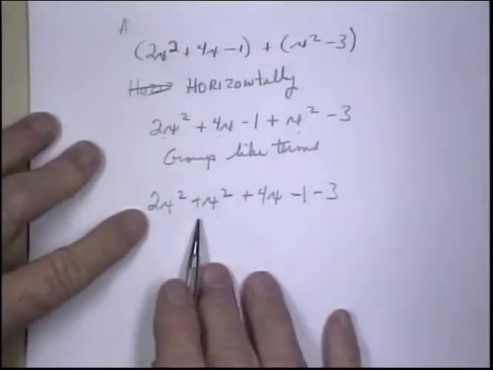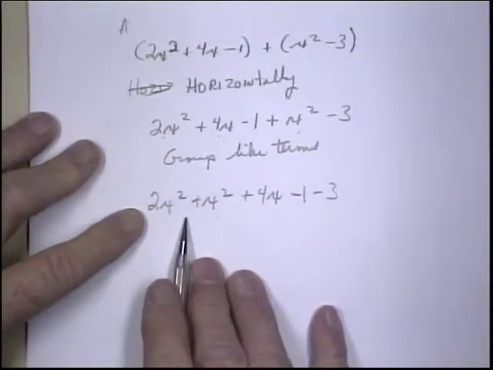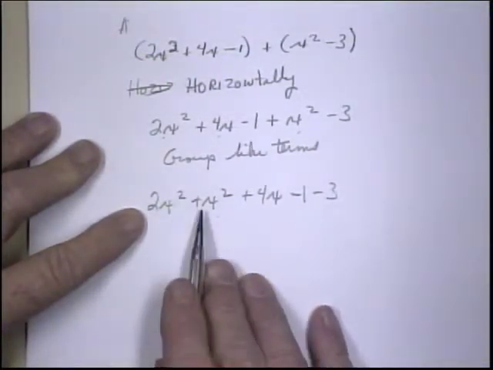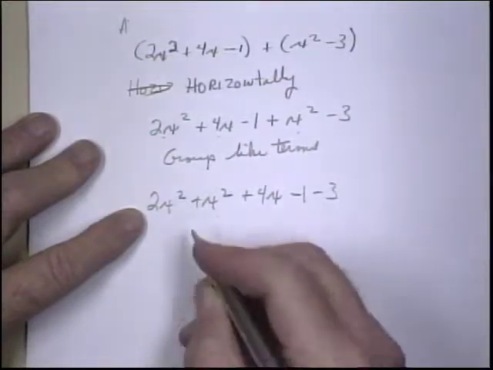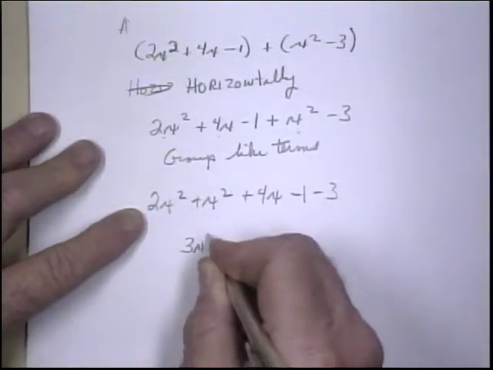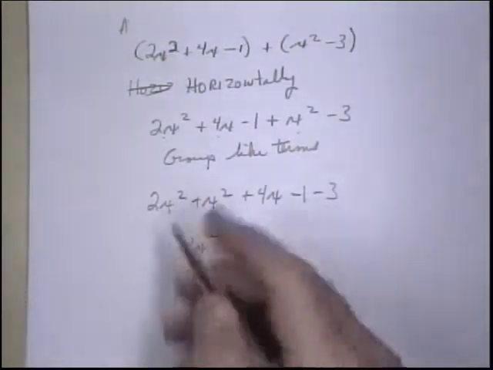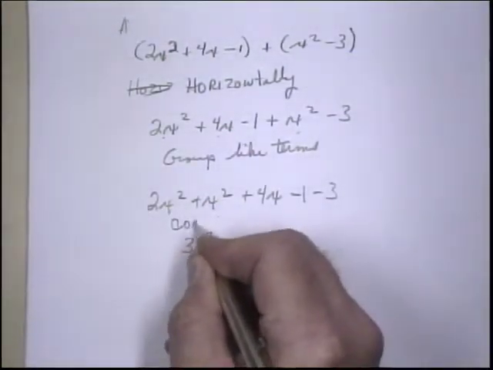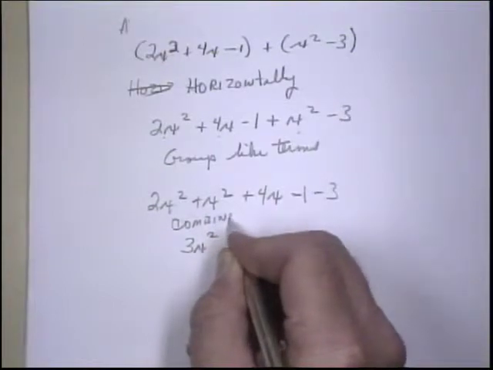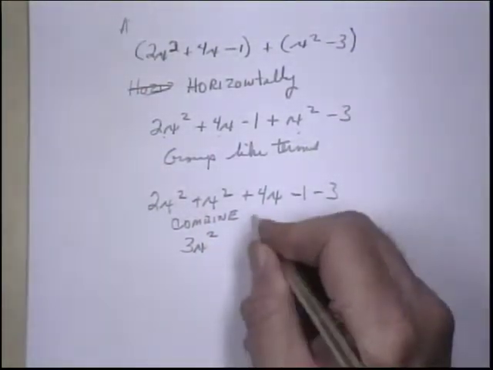When we add like terms, all we add is the coefficient. So 2x squared plus 1x squared is 3x squared. So we've added these like terms. We group the like terms and then combine them.